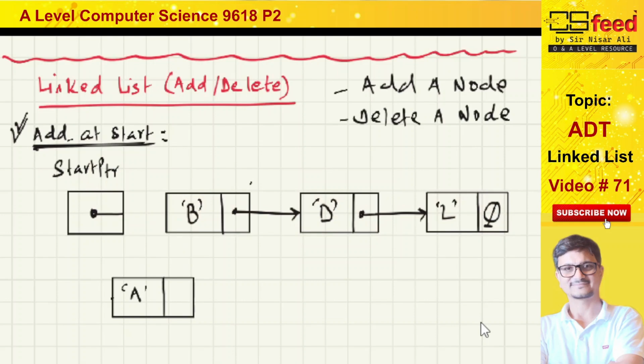This start pointer will now point to A. And then A, which is smaller than B in the order, needs to point to B. This is how A is inserted at the start.